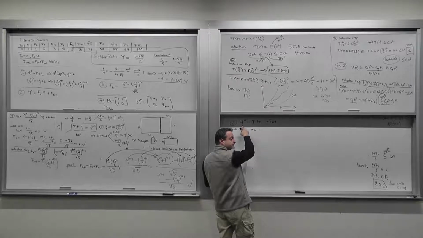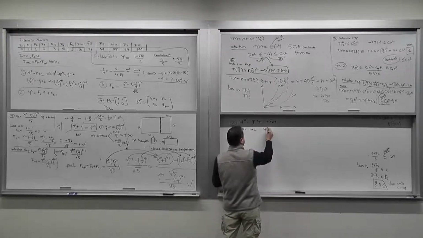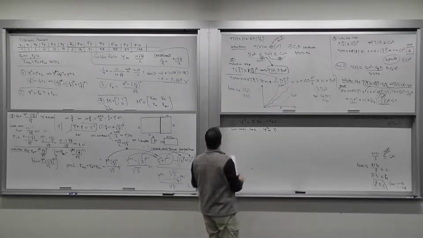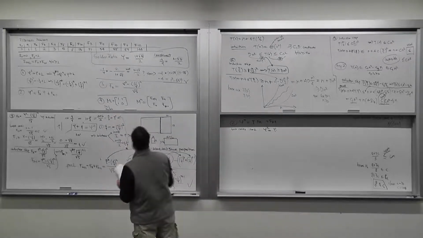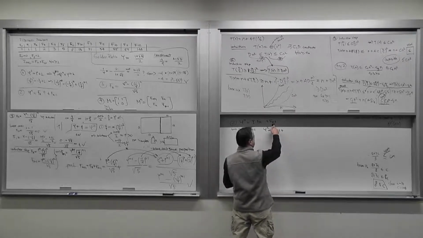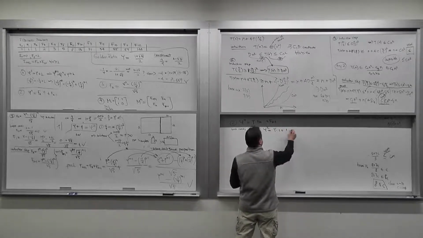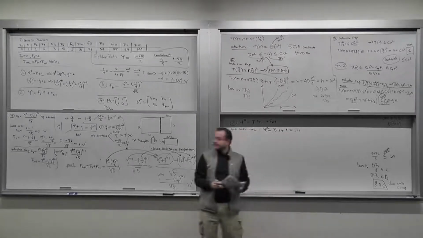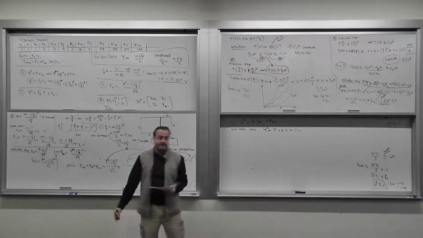Phi squared is phi times, who's fn? F2, F2 is what? 1, plus who's F1? So that is phi plus 1. Is that true? Phi squared is phi plus 1? It's something I've already proved, right?